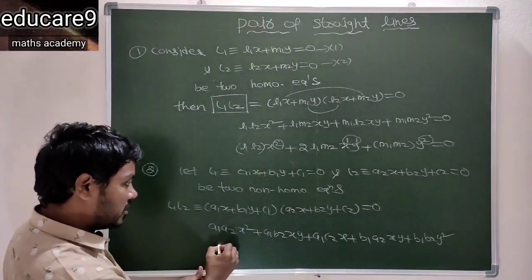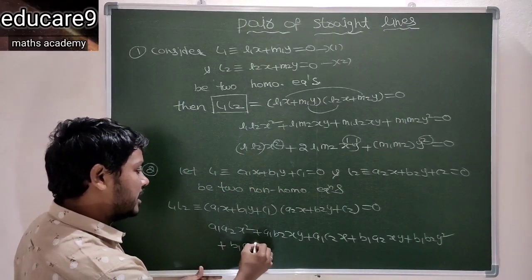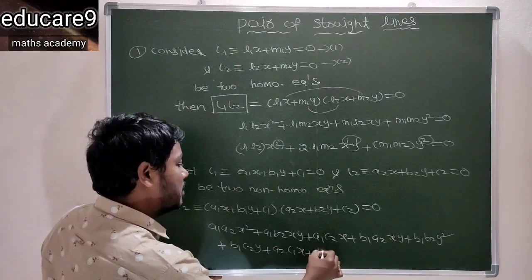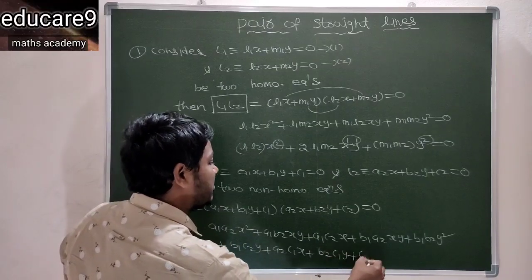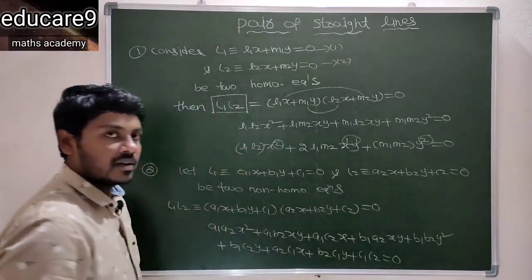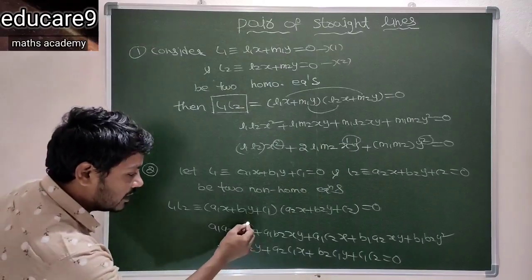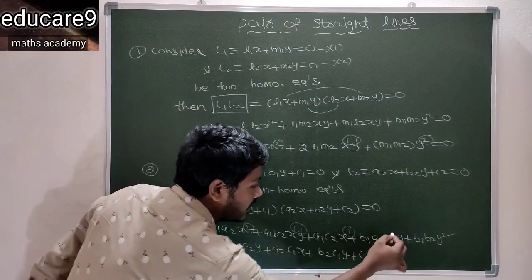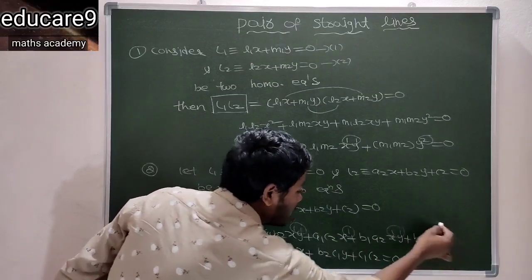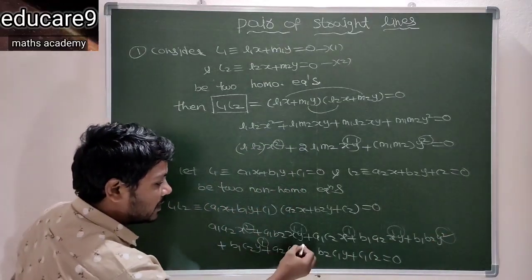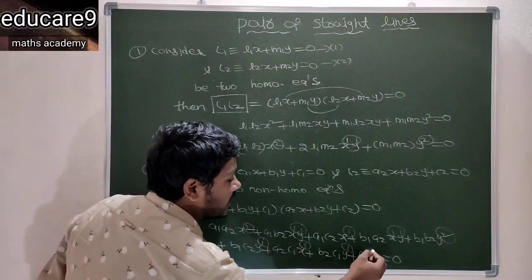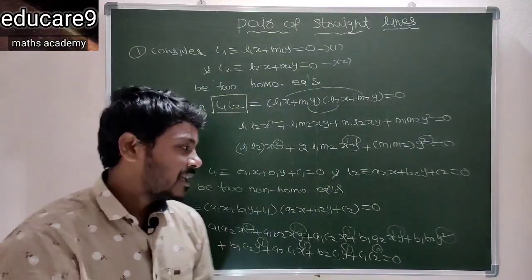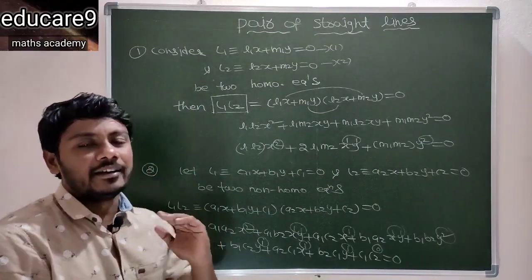Next plus B1 C2 y plus A2 C1 x plus B2 C1 y plus C1 C2 is equal to 0. Once you observe this equation, degrees are 2, 1, 1, total degree is 2, then 1, 2, 2, 1, 1, 1, and 0. So here this equation does not have the same degree. So this equation is called what?